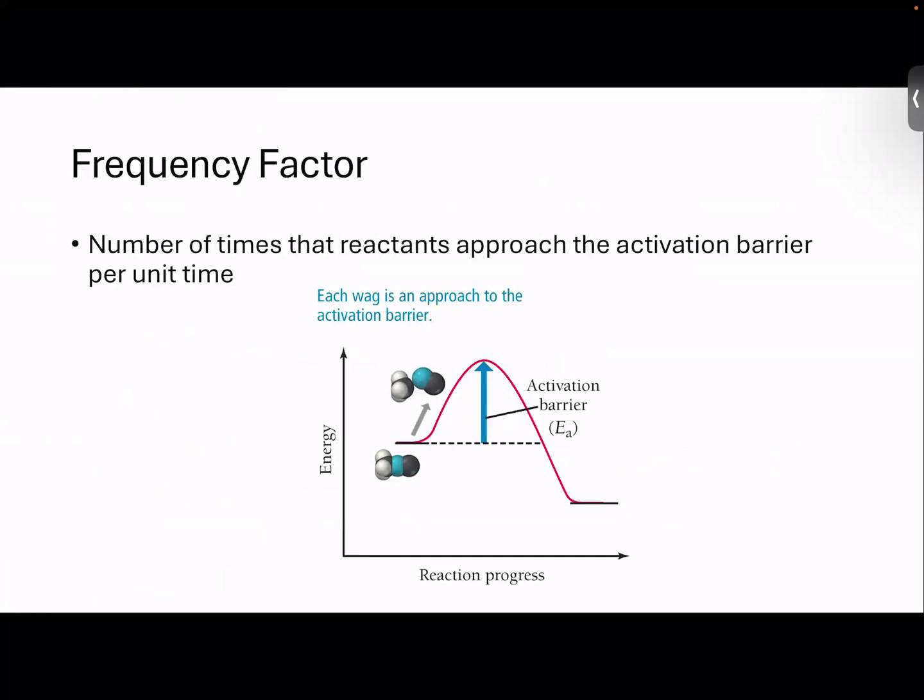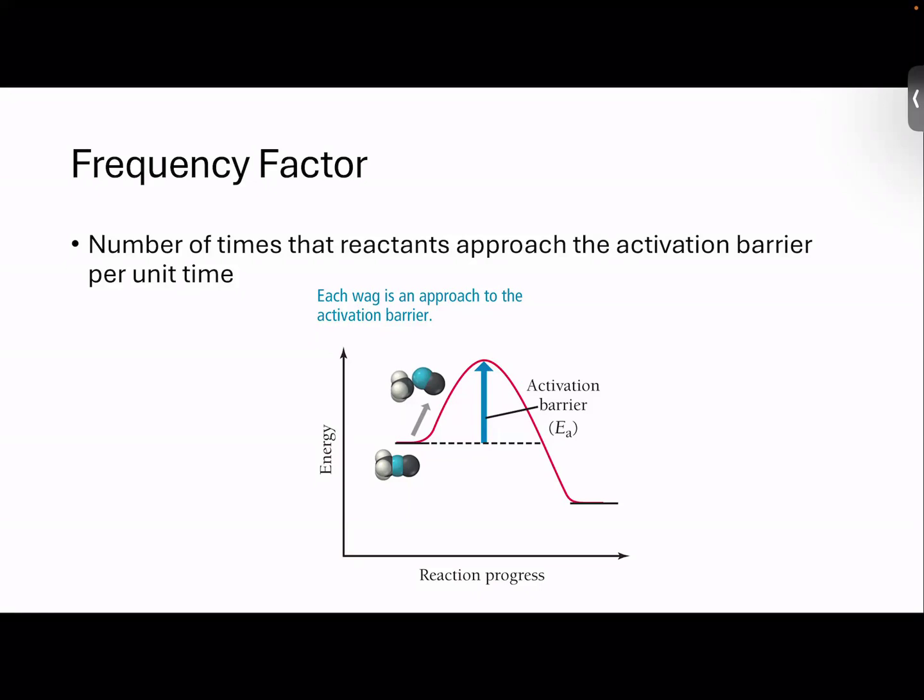Now, so that was the activation energy. The height of that hill is the activation energy. What do we mean by a frequency factor? A frequency factor describes how many molecules start the process.